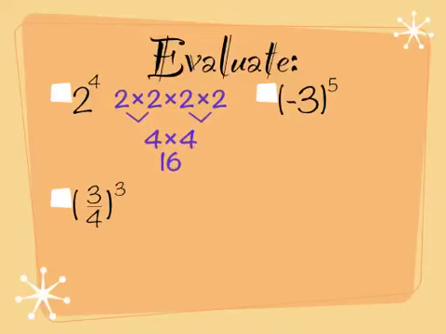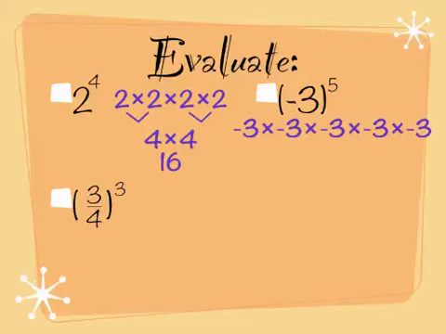Next I have negative 3 in parentheses to the 5th power. The parentheses are important here. Anytime the negative is included inside of parentheses and it's being set to a power, that means that I repeat the negative with the number. So negative 3 in parentheses to the 5th power means negative 3 times negative 3 times negative 3 times negative 3 times negative 3.